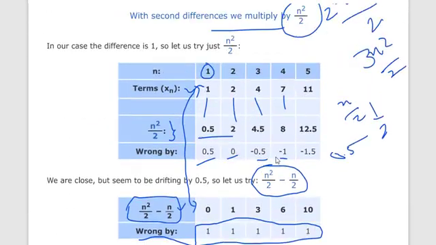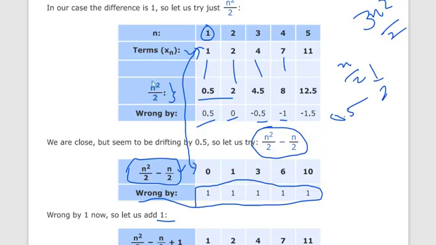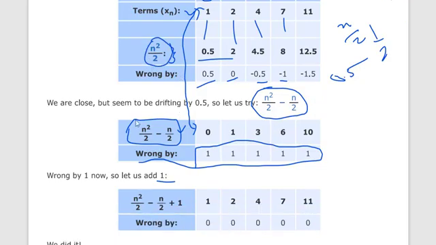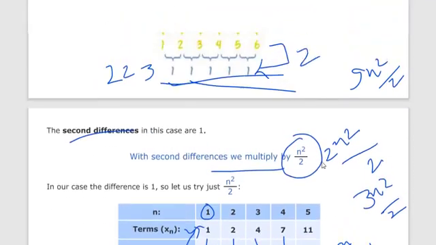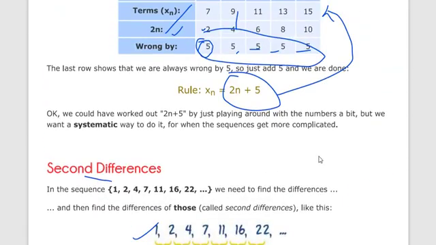With the help of trial and error, first we calculate the n square by 2 sequence, then n square by 2 minus n by 2, and then we get the right formula for any sequence. So this is the method of finding the rule of any sequence.